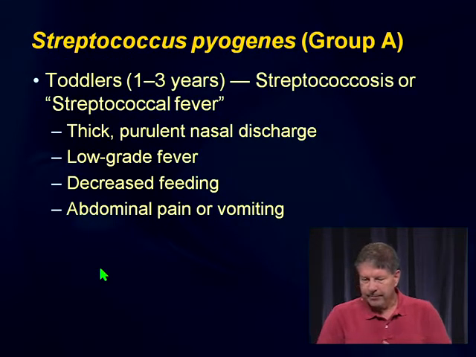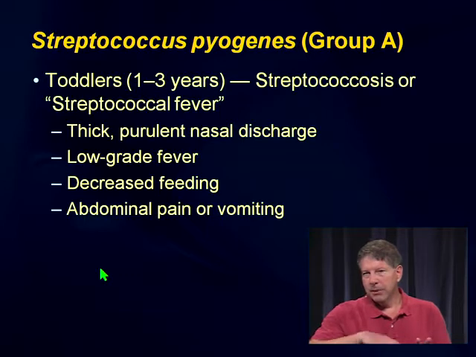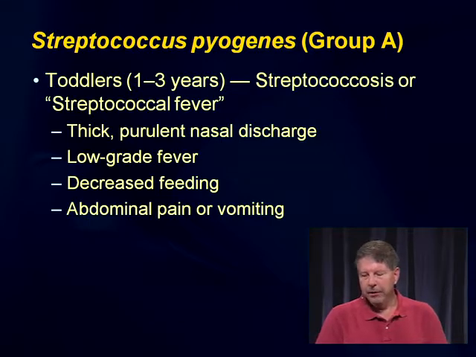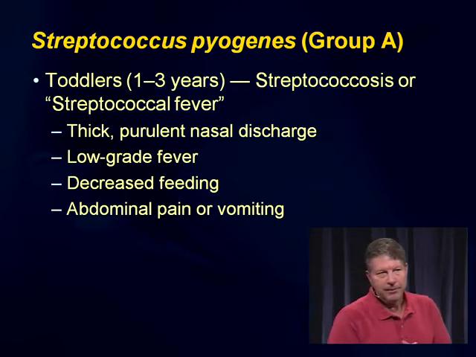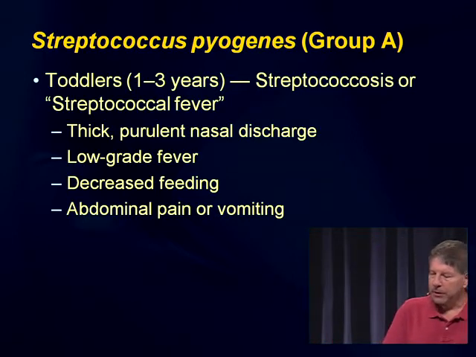Okay. All right, strep again. This is in toddlers 1 to 3. So before that was the grade school kids. So this is younger, little toddler children. And they get this thing called streptococcosis or streptococcal fever. And this is where they get this thick, green nasal discharge. Okay? Low-grade fever, decreased feeding.